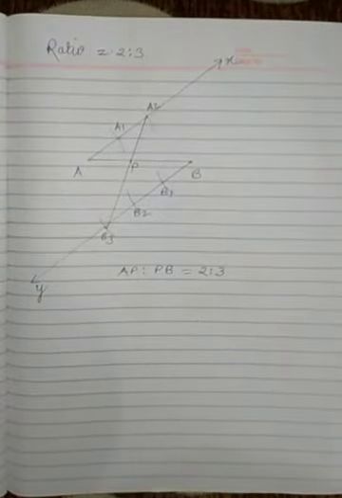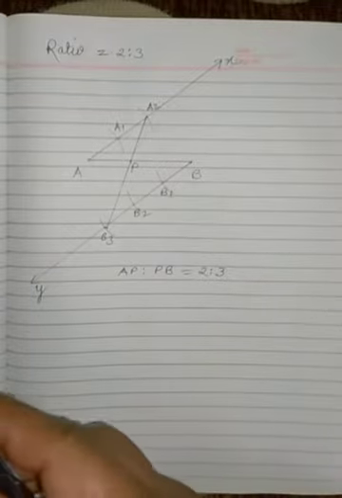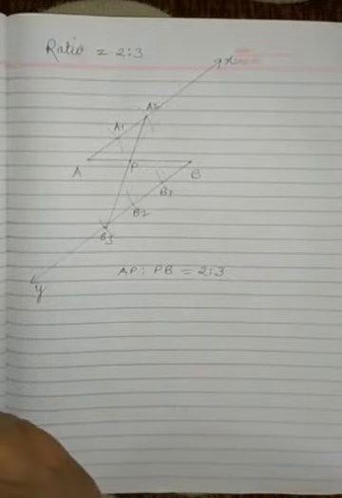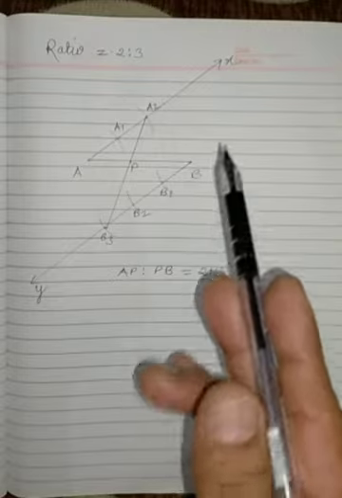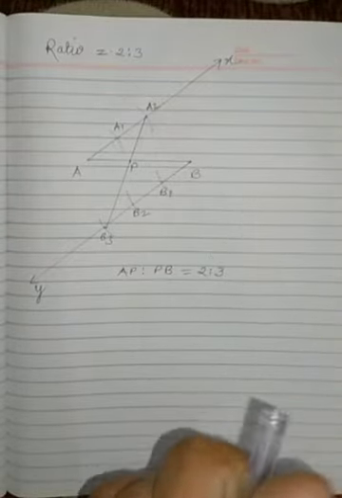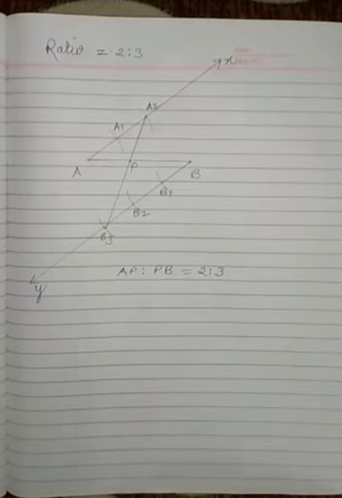And you can verify it in the same way we verified in the previous method. So by using the previous method or this method, we can divide the line segment in the given ratio. I hope you will find this method simpler than the previous one, but both the methods are well explained in the CBSE NCERT book, so you can use either of these methods to construct this division of the line segment.